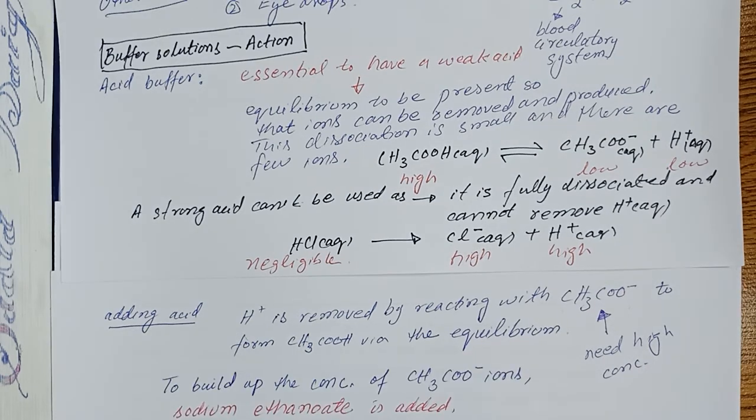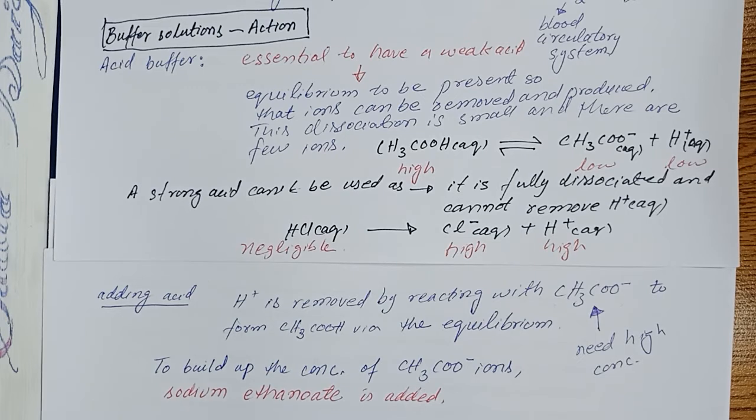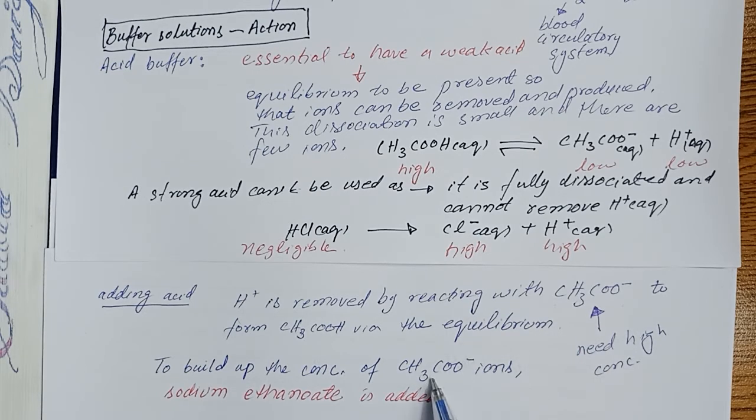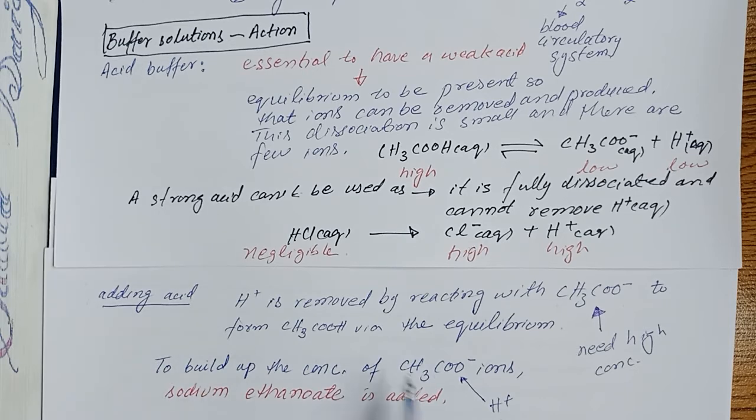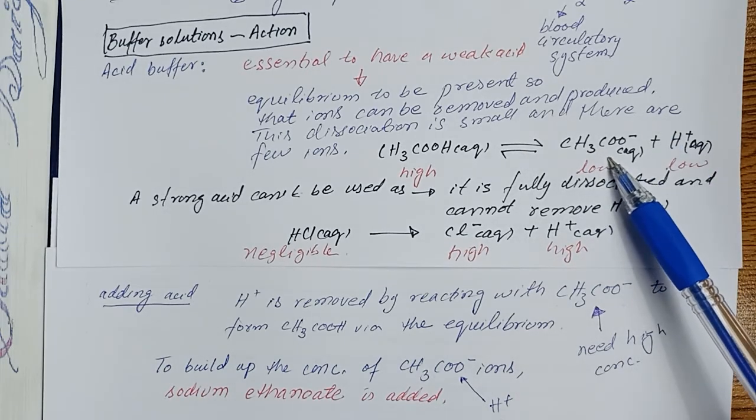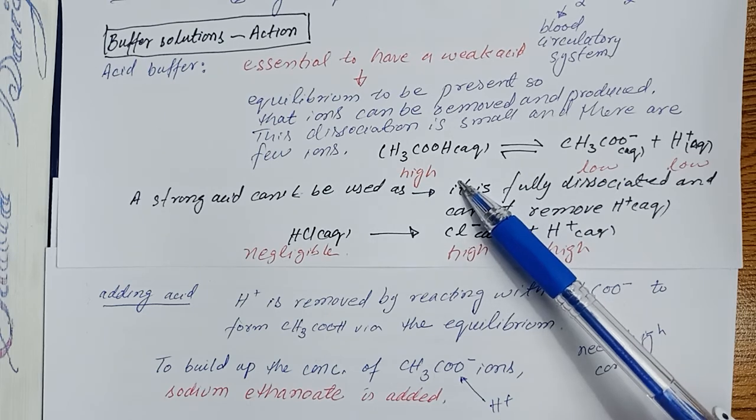For that purpose we need an external source which can increase the concentration of this acetate ion. Why? Because the concentration of the acetate ions is small and only a few hydrogen ions can be mopped up. A much larger concentration of acetate ions is required when an acid is added to the system containing the acetate ion and hydrogen ion as well as acetic acid.